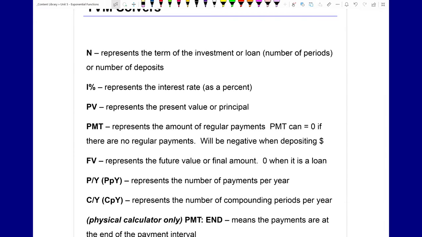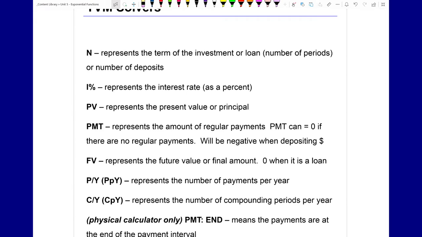PV represents the present value or principal. PMT represents the amount of regular payments. Now, this regular payment we're going to look at in a second, but that might be something where you are putting money into an account every month, right? When you think of saving something, you're not necessarily putting money in once and leaving it. You might be putting in, say, $50 every month or something like that.